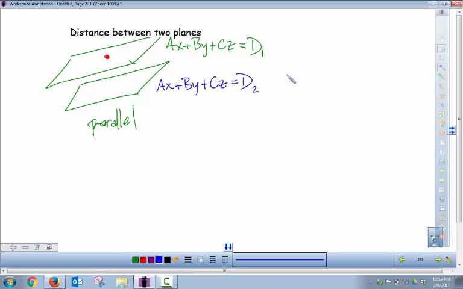So if we're going to find the distance between these two planes, we're going to want to do that vertical distance business. But what we really need is just to randomly pick a point on one plane and just do the formula, right? So what if we randomly pick a point over here, and let's call it, like we did that random point out in space, x1, y1, z1.